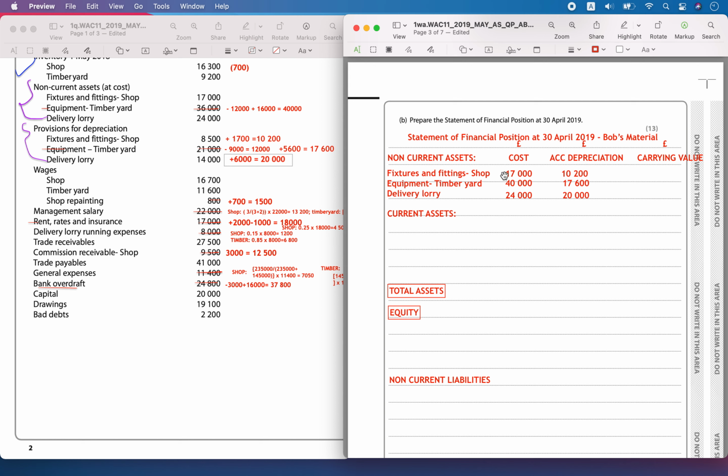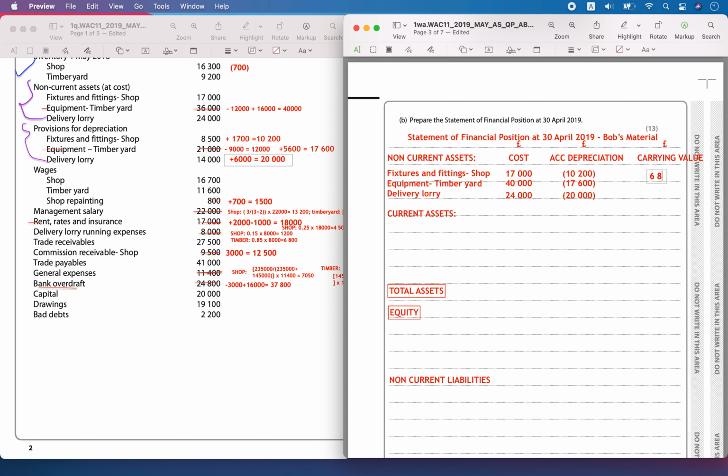Now let's calculate the carrying value. It is cost minus the accumulated depreciation you have calculated. So 17,000 minus 10,200 is 6,800.